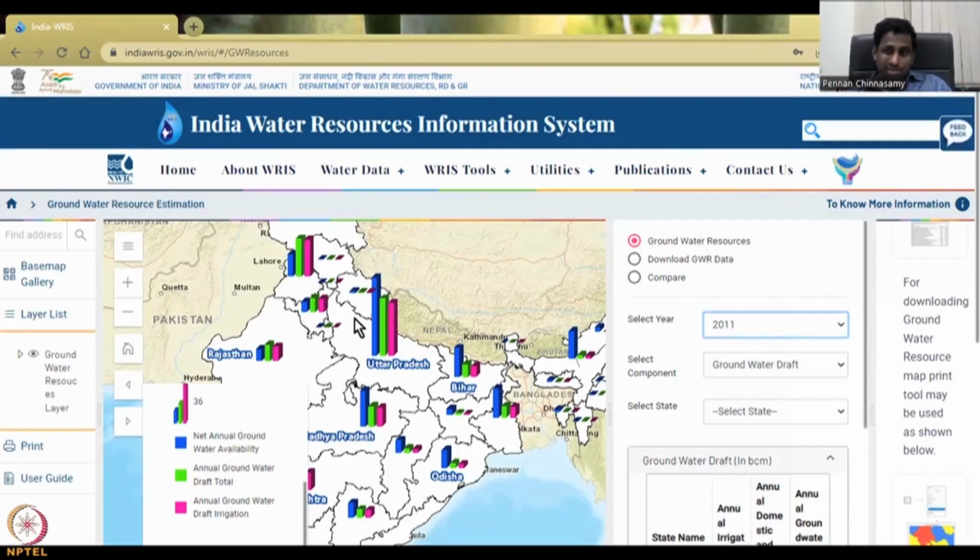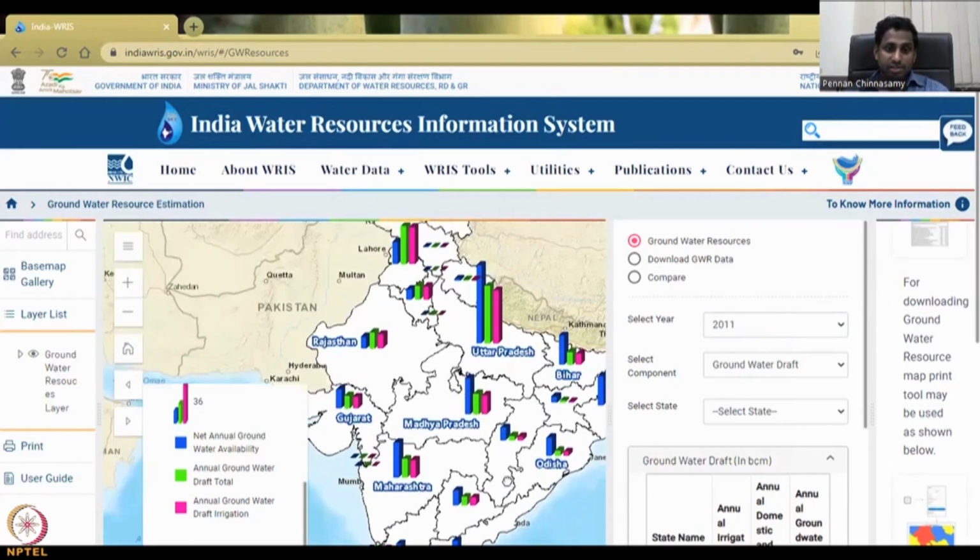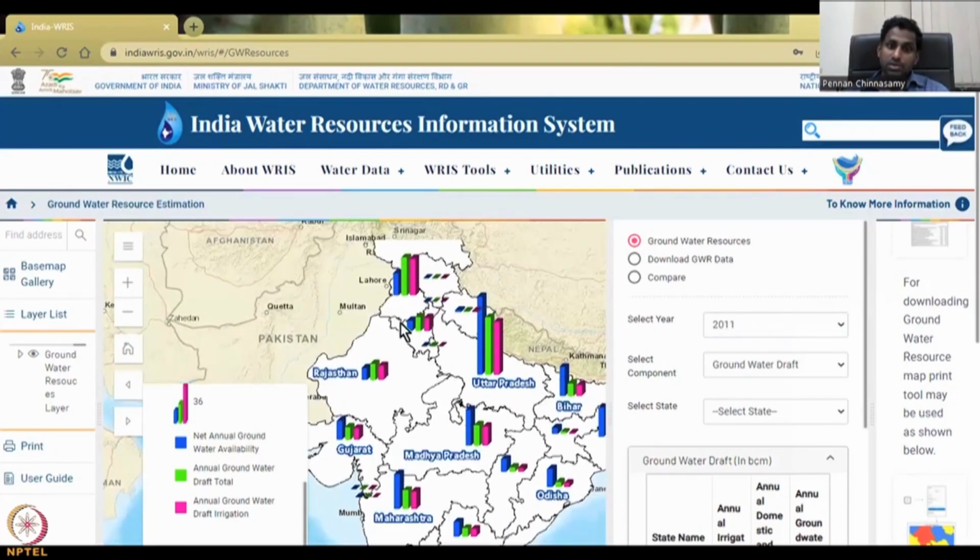There is some difference between the blue and the green, and that difference is the net storage, or it goes as base flow. Now there is not much difference between the green and the pink, especially in irrigation states like Haryana, Punjab, Rajasthan.